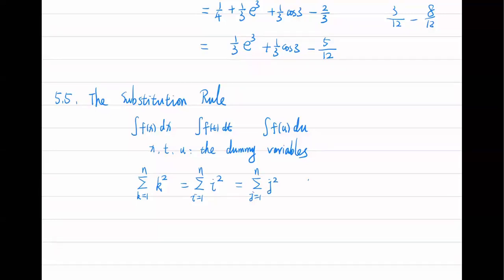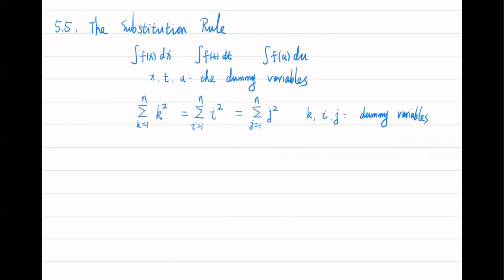So in this case, the k, i, and j are dummy variables. It doesn't matter what you call it, as long as you know how it changes, from 1 to n, then it's all the same.